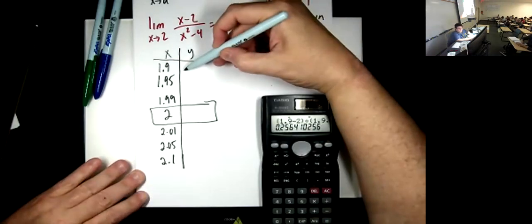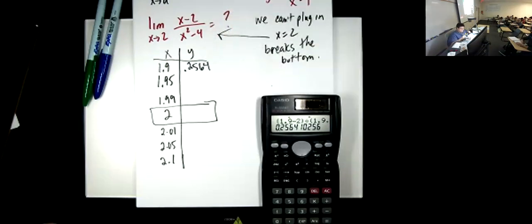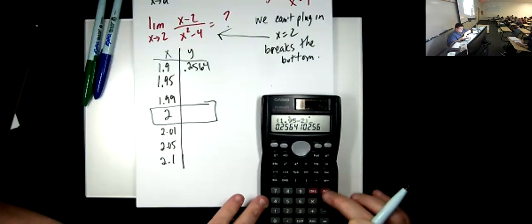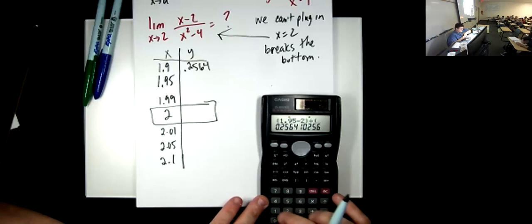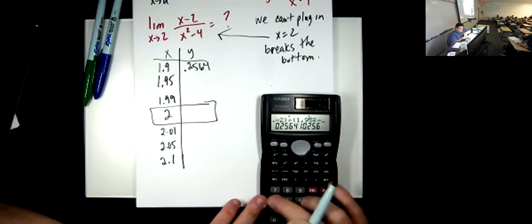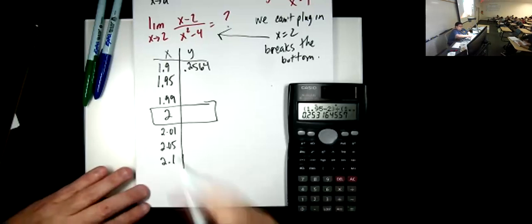This top one is 0.2564. I do it again with the next one. I get 0.253.